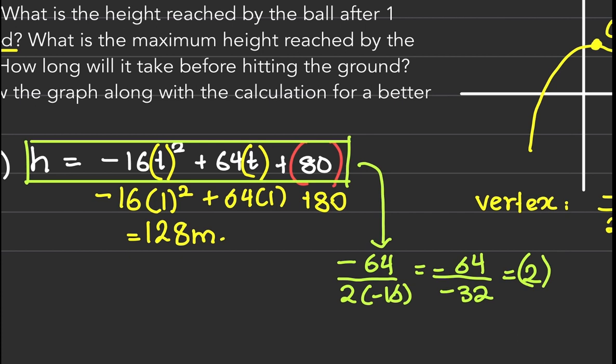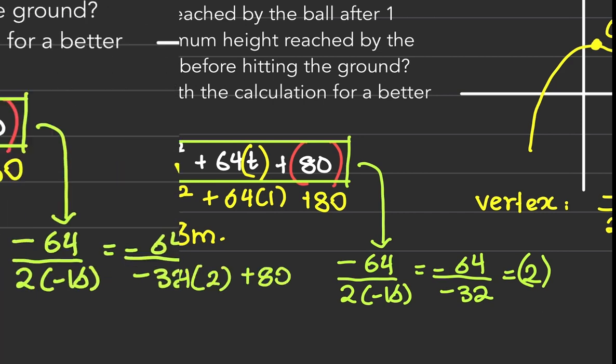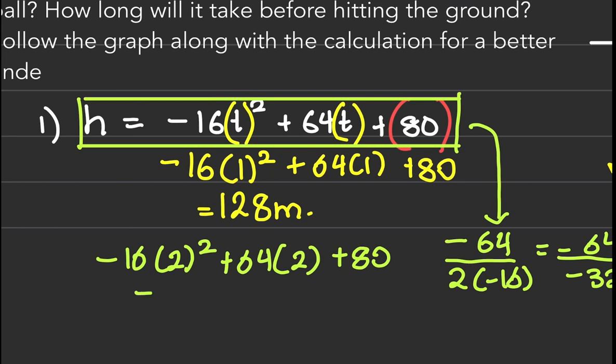Now let's replace t with 2. So you would have negative 16 times 2 whole squared plus 64 times 2 plus 80. And here we get a total value of 144 meters. That is the maximum height it reaches. Alright, we got that ready.